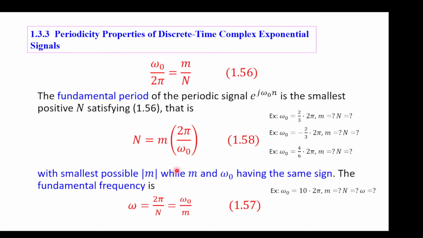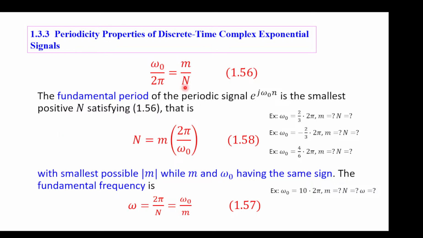But okay, let's go back to the periodic case. If omega naught divided by 2 pi is a rational number, then we have a periodic signal, and it is small m divided by big N. And then we can find the fundamental period and the fundamental frequency. So what's the fundamental period?